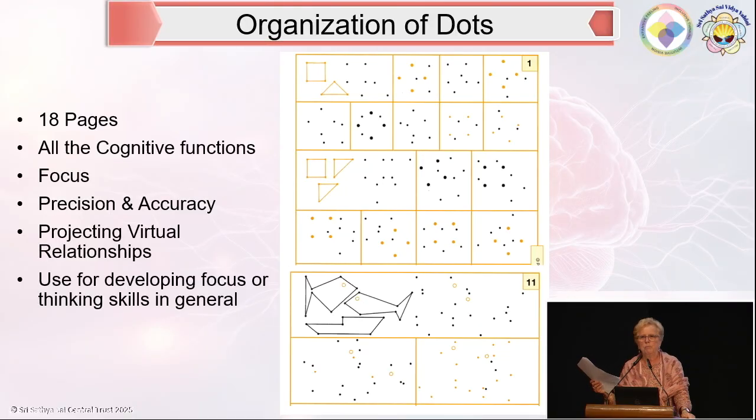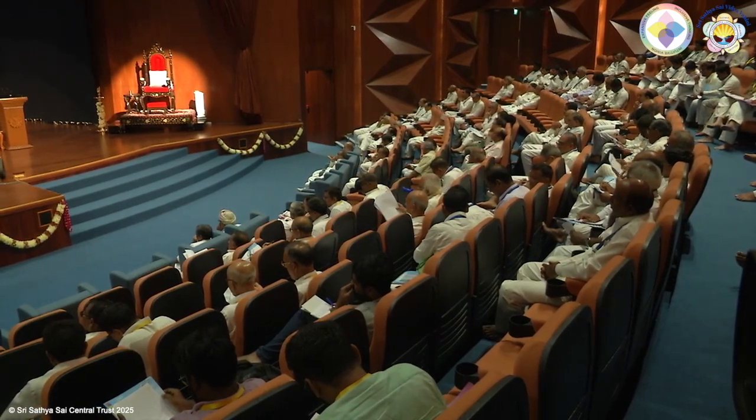And your goal would be to not turn the page while you work, nor erase. And I know God invented erasers, and they're wonderful. But our goal here is to see if we can develop precision and accuracy so that you can draw the shapes correctly the first time and not have to erase.